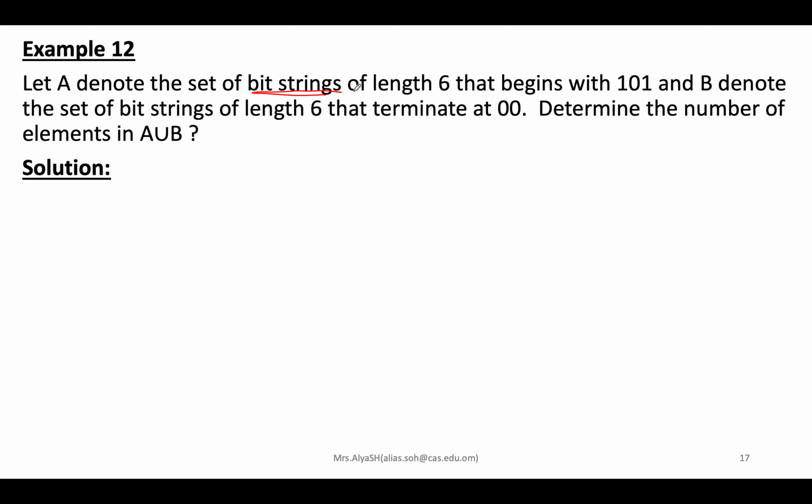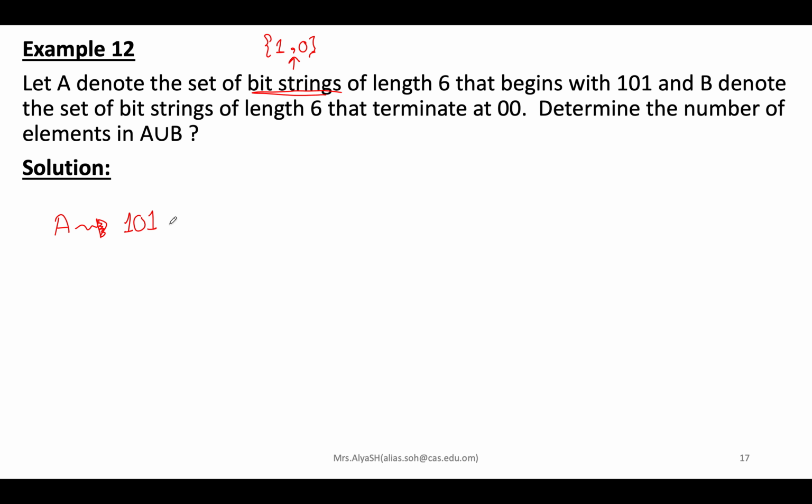What do you mean by bit strings? We mean all zeros and ones, as in the binary language. So A is all the bit strings that begin with 101.